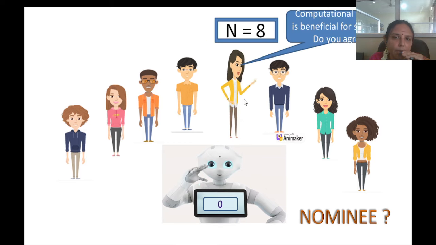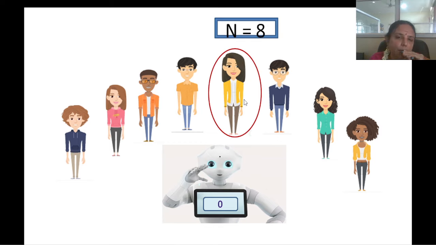Now she is posing an argument. Computational thinking is beneficial for students. Do you agree? Now this judge, our computer, looks at the first person and he has raised the hand.